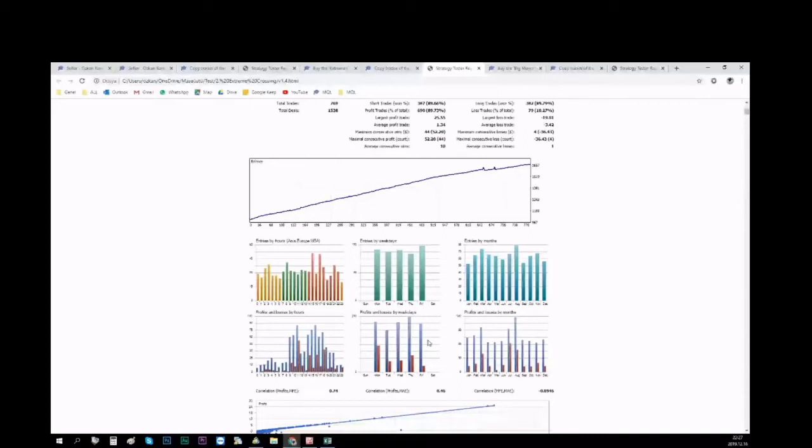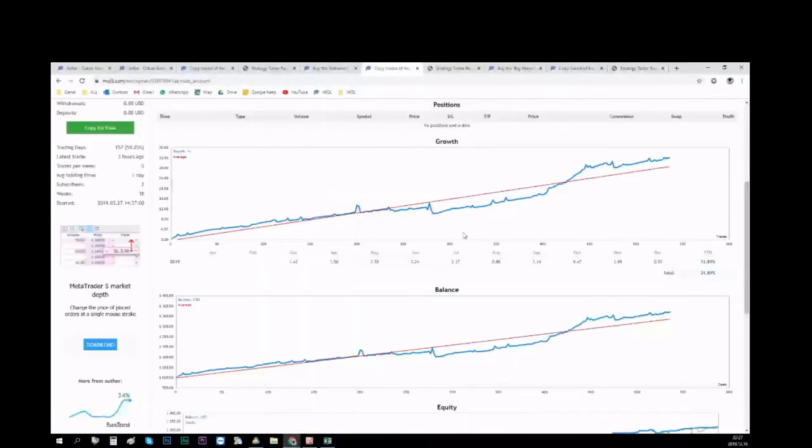That's the important thing for me, and this strategy also goes like that. As you can see, this is the live account, so it's like the backtest. I think this strategy will go like that in the future, I hope.